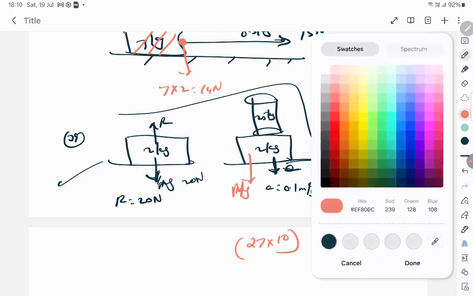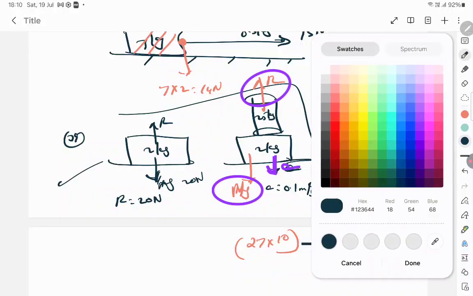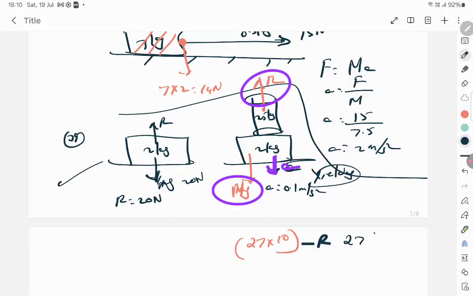And there is also a normal reaction to this. Since it's accelerating downward, there is a net force acting downward. So mg should be greater than R. So mg minus R is responsible for the total mass to accelerate, which is 27 into 0.1.